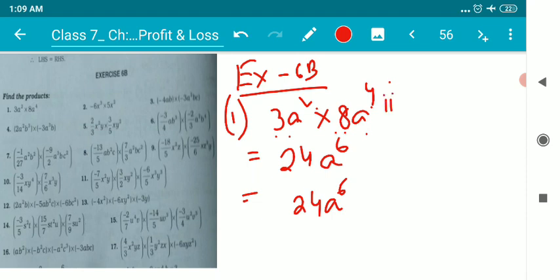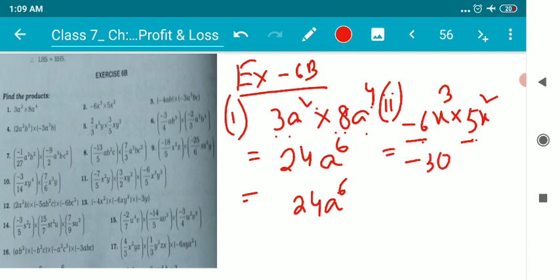Let us solve number 2. Minus 6x to the power 3 into 5 into x square. Let us see how to multiply this. Minus 6 will be multiplied with 5, so 5 into minus 6 will become minus 30, as I just told that the numerical value will be multiplied with the numerical.